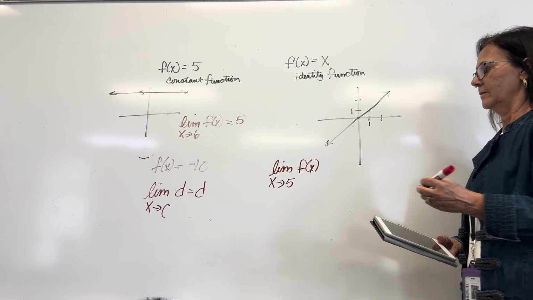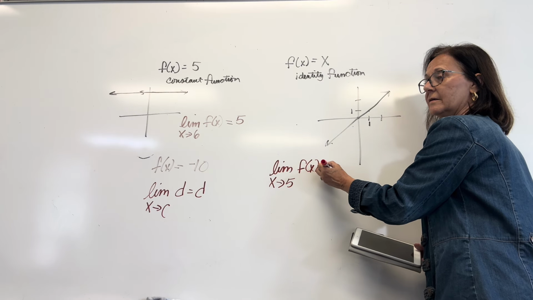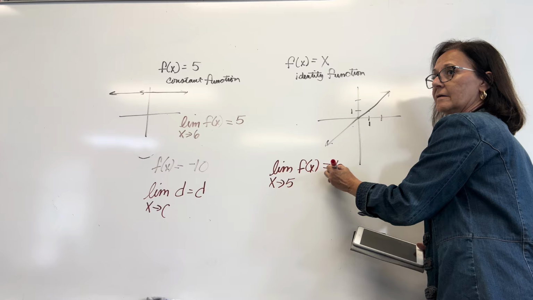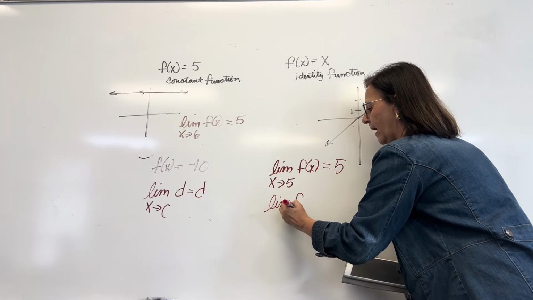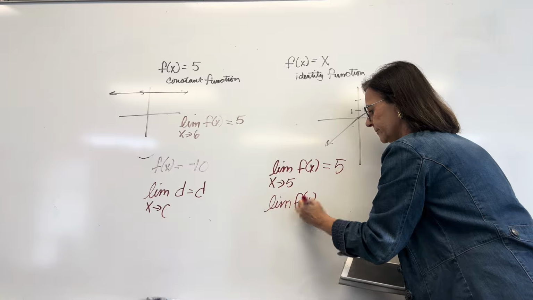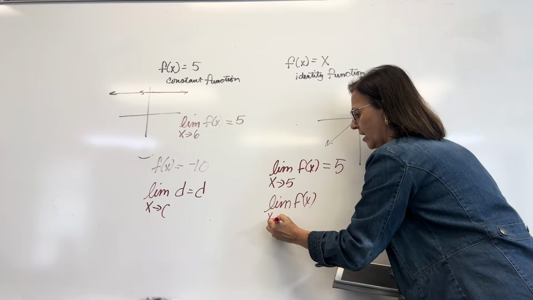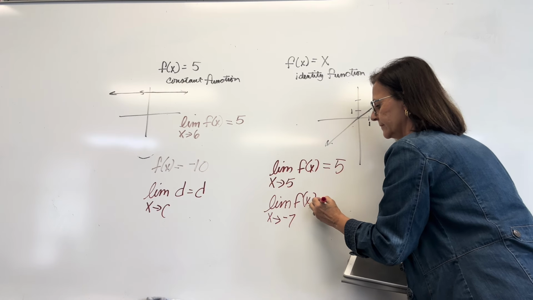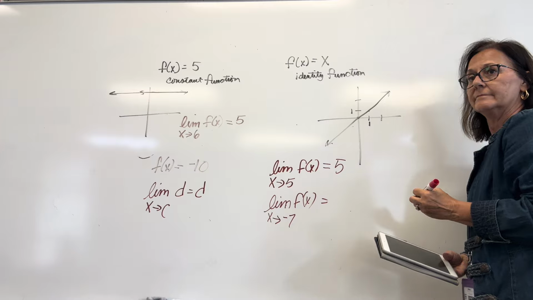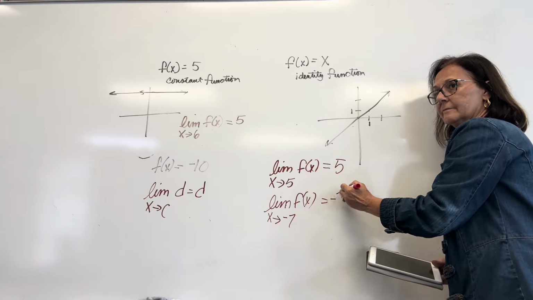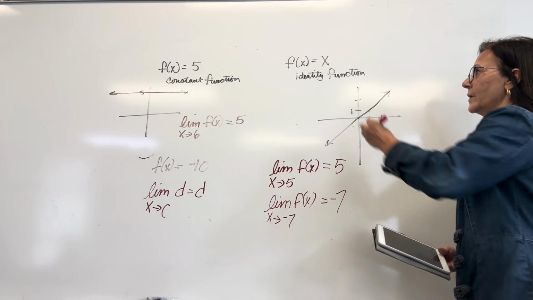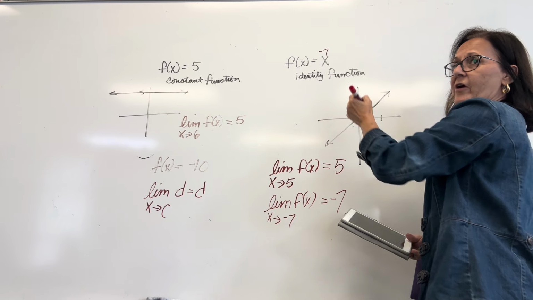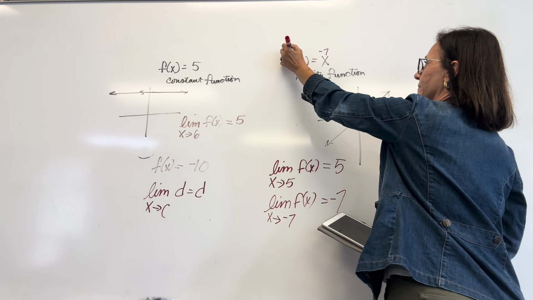So, what is the limit of this function as x approaches negative 7? Negative 7? Because when I put negative 7 in for x, what's y?